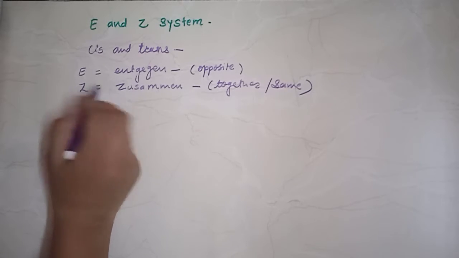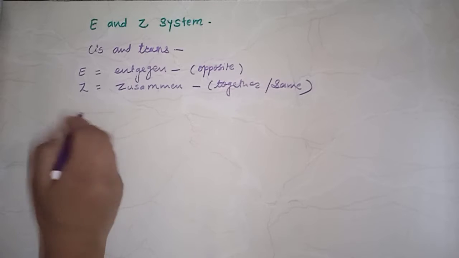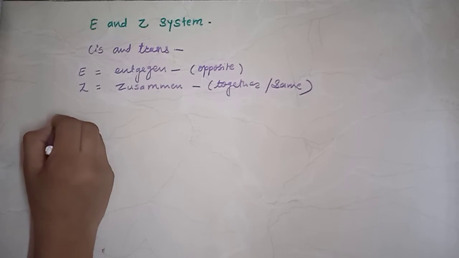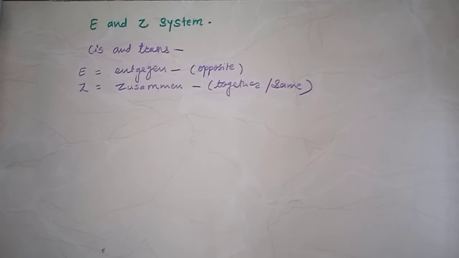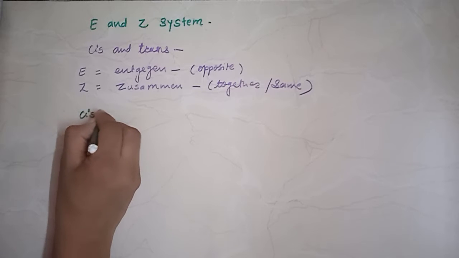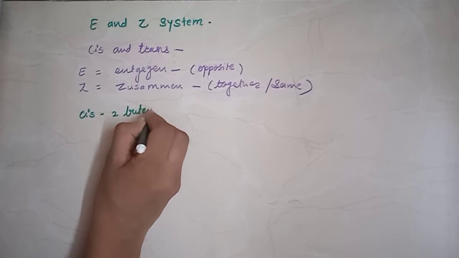So taking one example, we can consider the E and Z system. Take the example of cis 2-butene for better understanding.